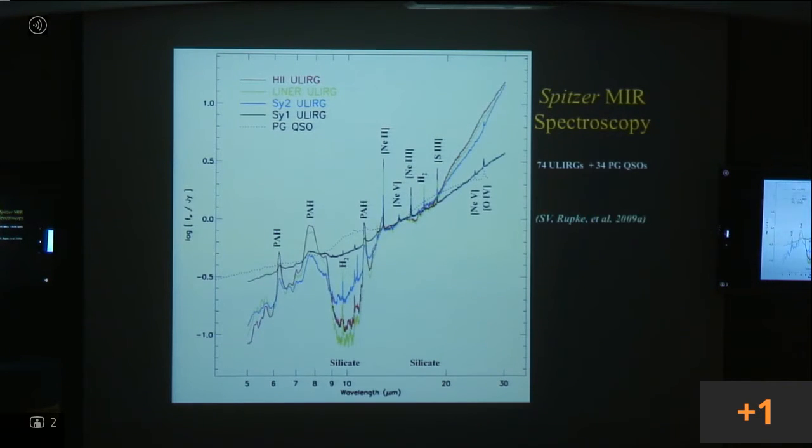There's a large number of diagnostics that I've already mentioned: the fine structure lines, iron, neon 5, oxygen 4, and the PAH emission, but also the curvature of the continuum. There's a wide variety between Seyferts and H2 galaxies. And so those ingredients can be used to determine what fraction of the luminosity in these objects is produced by the AGN. So that was the purpose of this particular paper.